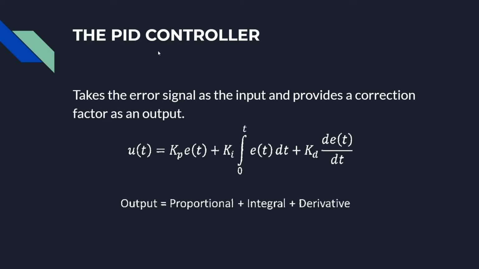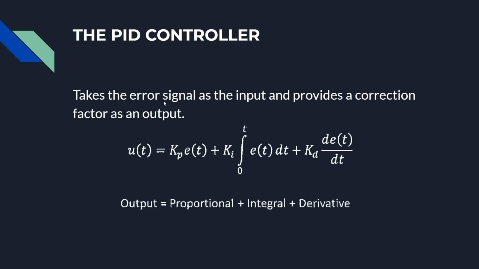So what exactly is this PID controller? A controller would take in the error signal as the input and provide a correction factor as the output. The error signal is actually the difference between the current output and your desired output.